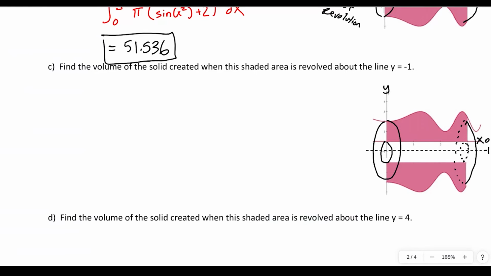As far as how we're going to compute this volume, it's going to be kind of similar to the area between two curves idea, where we have the top curve minus the bottom curve. We're going to find essentially the area of this big circle and subtract away the area of the small circle.